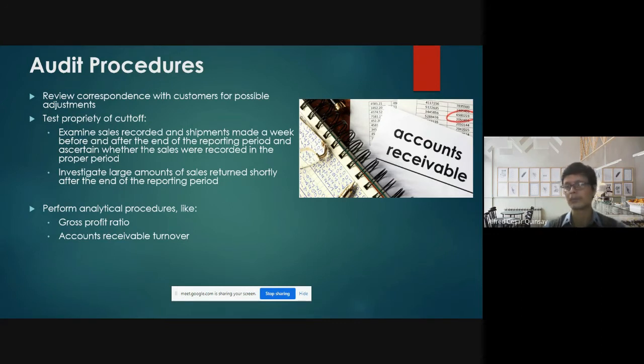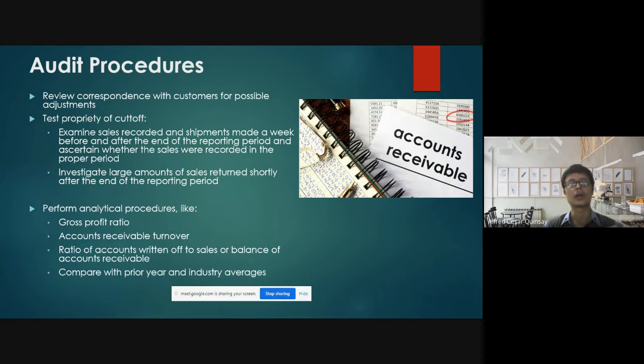Some of these are management accounting or financial management techniques. Ratio of accounts written off to sales or balance of accounts receivable, and compare with prior year and industry average. So we will look at whether it's normal.